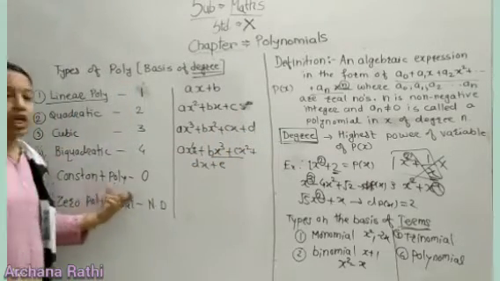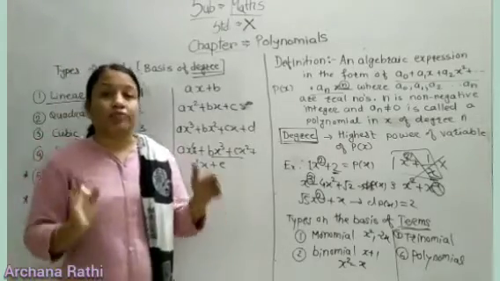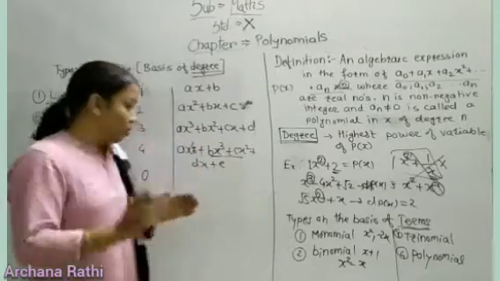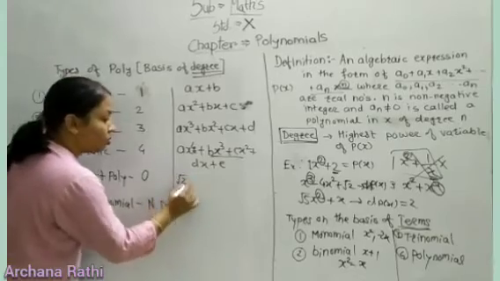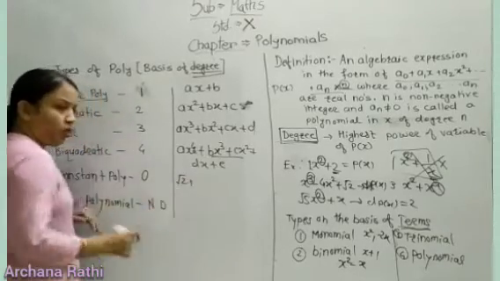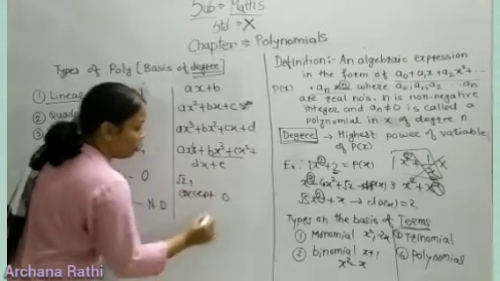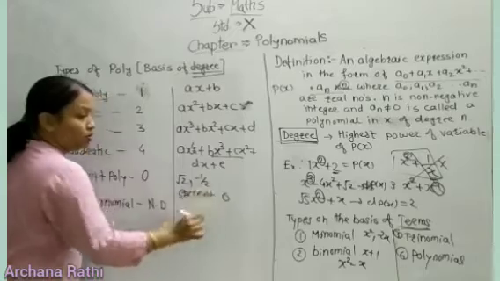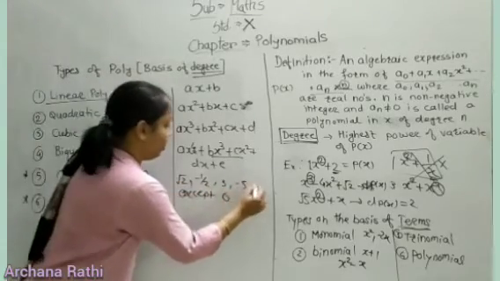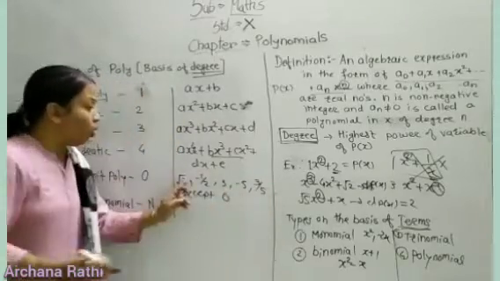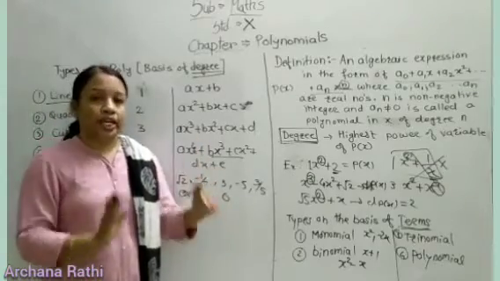Now what is a constant polynomial? A constant polynomial means all the real numbers except 0 are called constant polynomials. For example, root 2 is a real number, a single number. All the real numbers except 0, such as minus 1 by 2, 3, minus 5, or 3 by 5, are constants. These are all constant polynomials having degree 0.